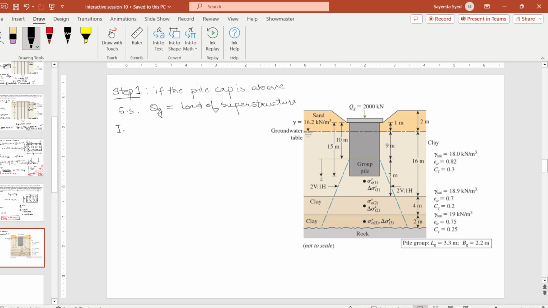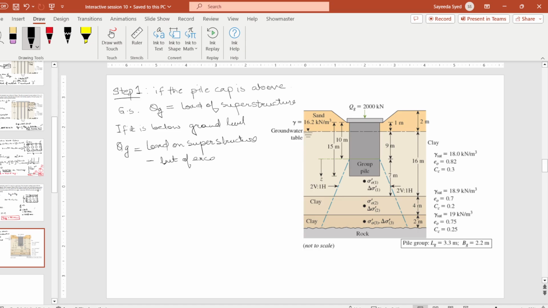If it is below ground level, as in this case, Qg will be the load on superstructure minus the weight of excavated soil.